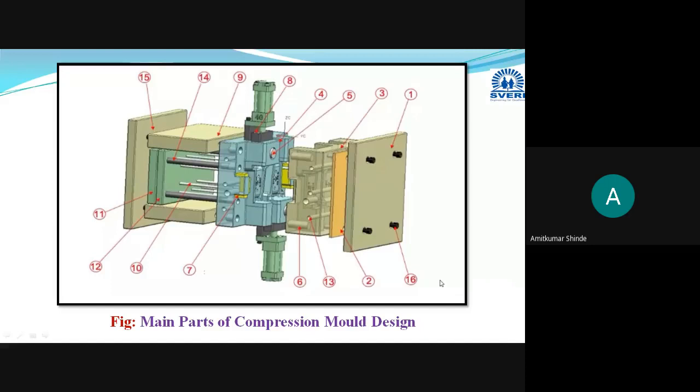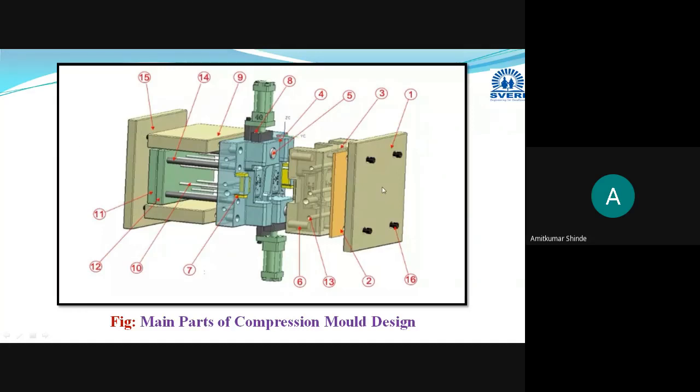Okay, this is the first part. I will just revise it. This is the top plate or top clamp plate, and this is the bottom plate. For your easy understanding, you can also say that this is the top clamp plate and this is the bottom clamp plate.